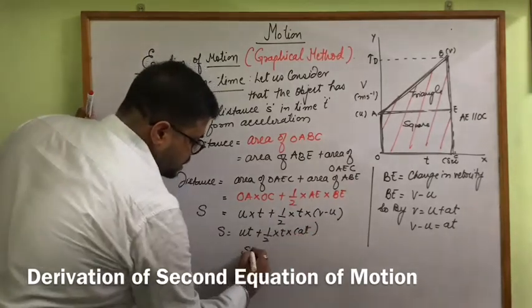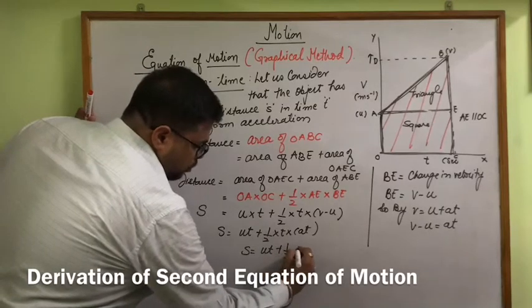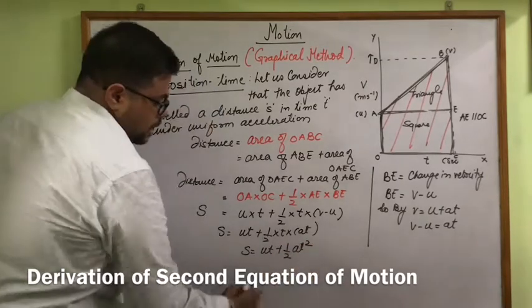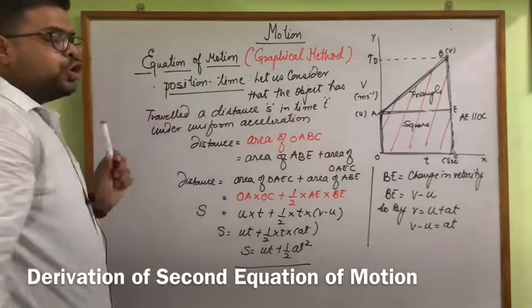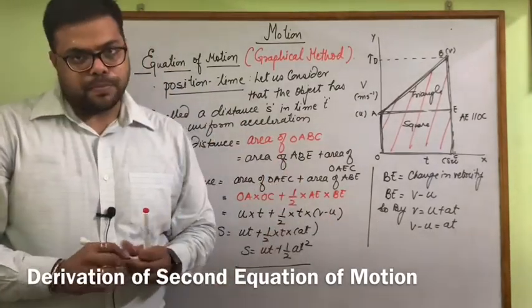So this is the formation of our second equation of motion, S equals UT plus half AT squared.